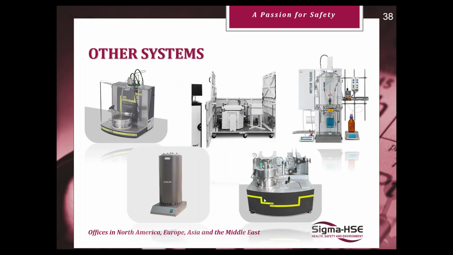So there are other systems on the market, ones that we've not discussed, but they all give very similar data typically. So we've got the thermal screening unit, the Calvet C80, EV+, the Phitec. These all give similar data, but they tend to sit in line with the tests that we have for different stages and different scenarios of reaction.